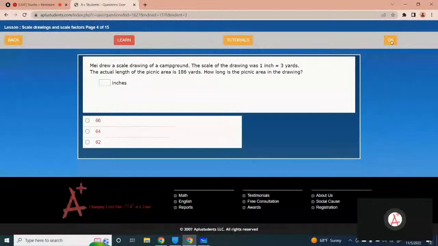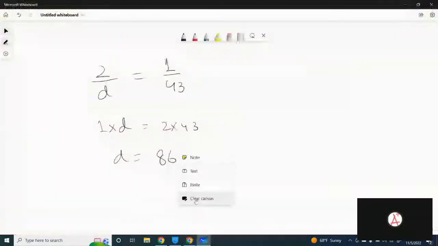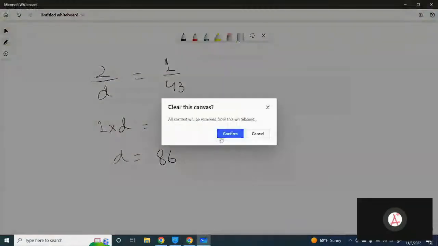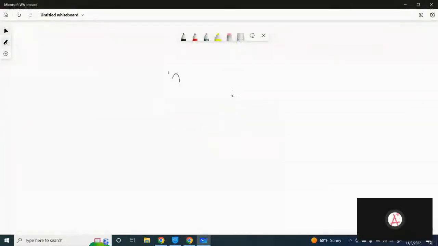So you have to find n divided by 186, and that equals the scale factor, 1 over 3, 1 inch divided by 3 yards.